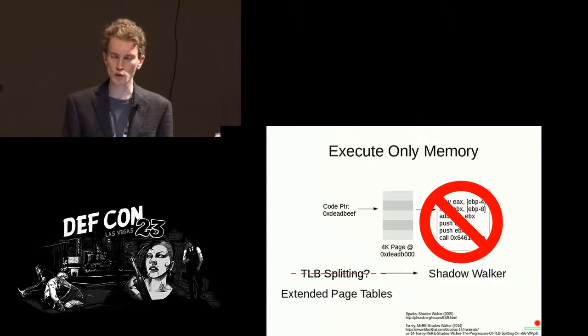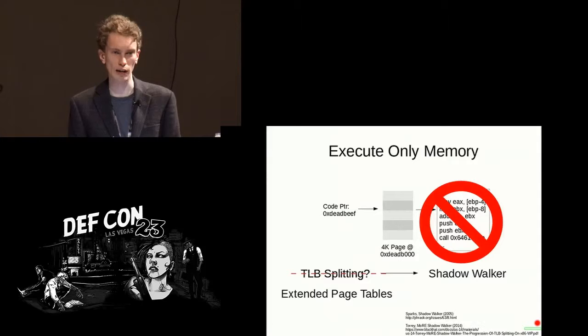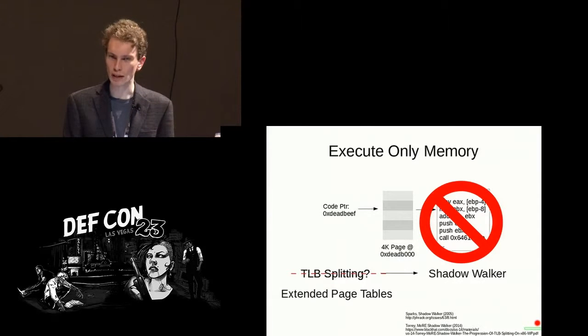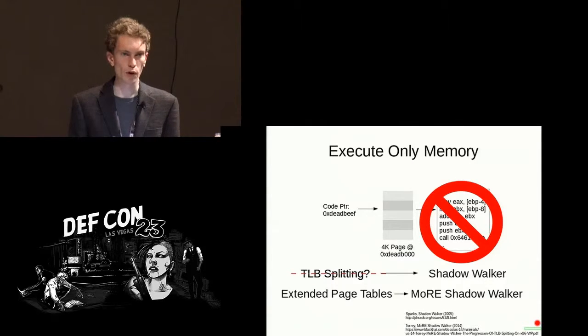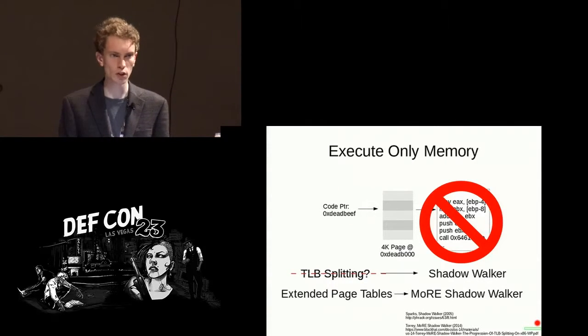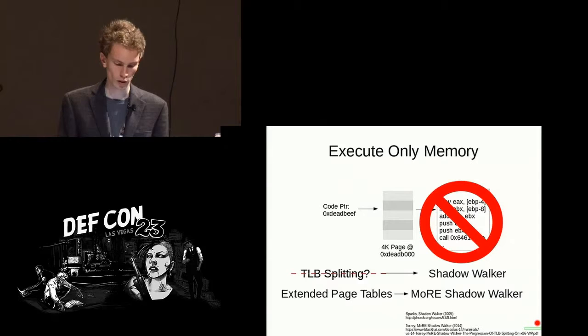And so as it turns out, I guess for some bizarre or unknown reason, maybe someone from Intel could answer it, they actually added explicit control over the 3 permission parameters of reading, writing, and executing code on extended page tables. And there was a talk last year at Black Hat by Jacob Torrey who showed that basically you can use EPT to achieve very much the same things that you can do in Shadow Walker. So that's actually really cool.